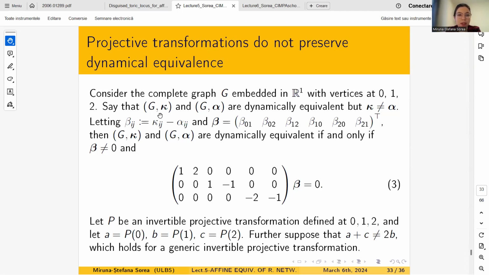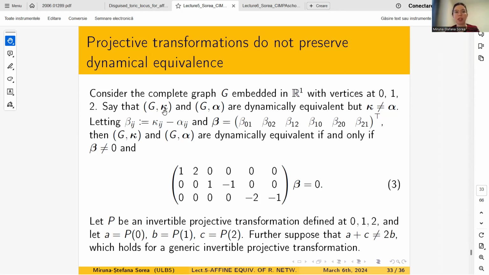Remember that in the triangle on a line lecture before, I showed you that you can find a system given by the same graph, but with different rate constants, such that the new system is dynamically equivalent to the initial one.